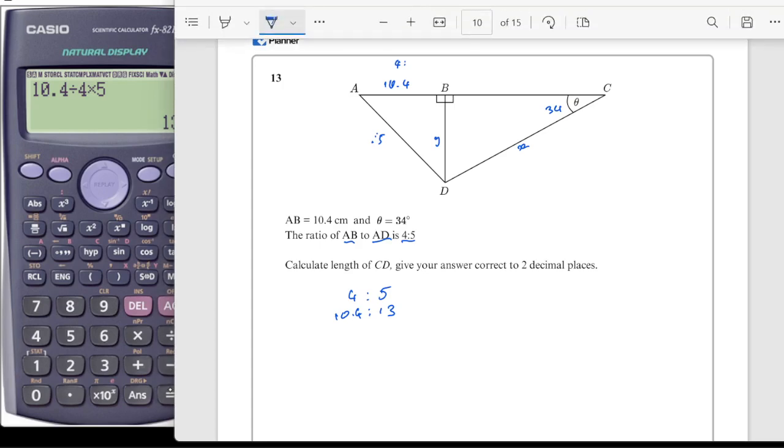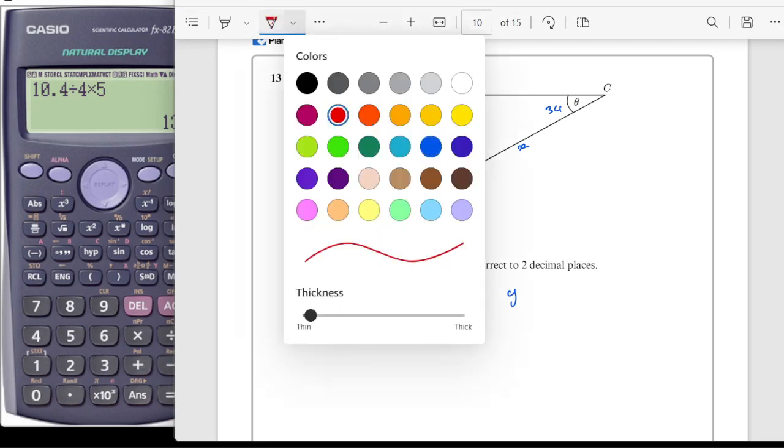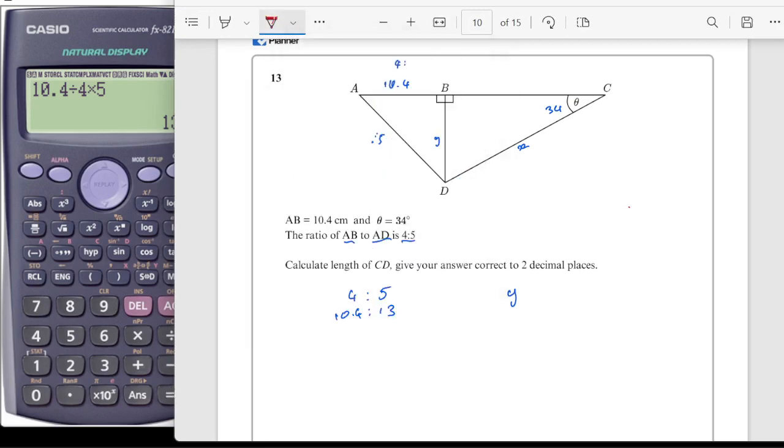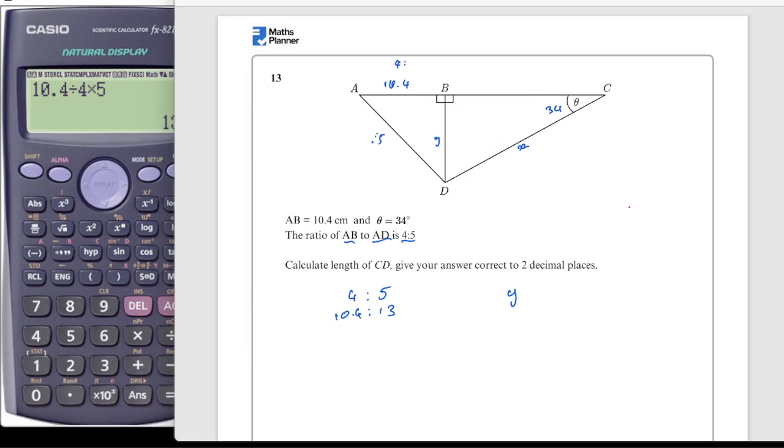So Y is going to be the first one that I'm going to work out. I need to use Pythagoras to work that out.